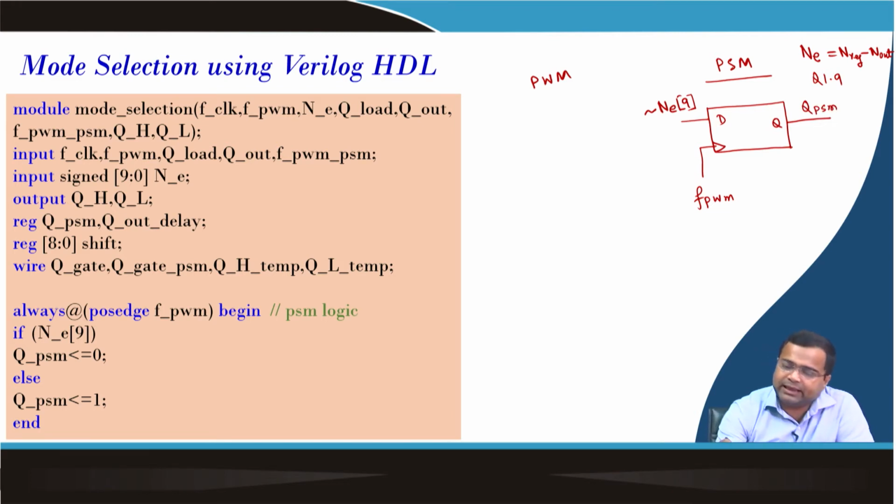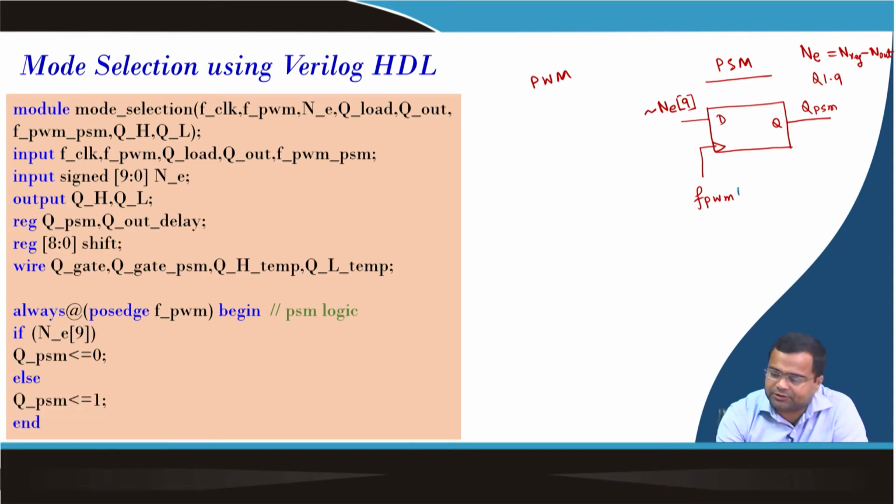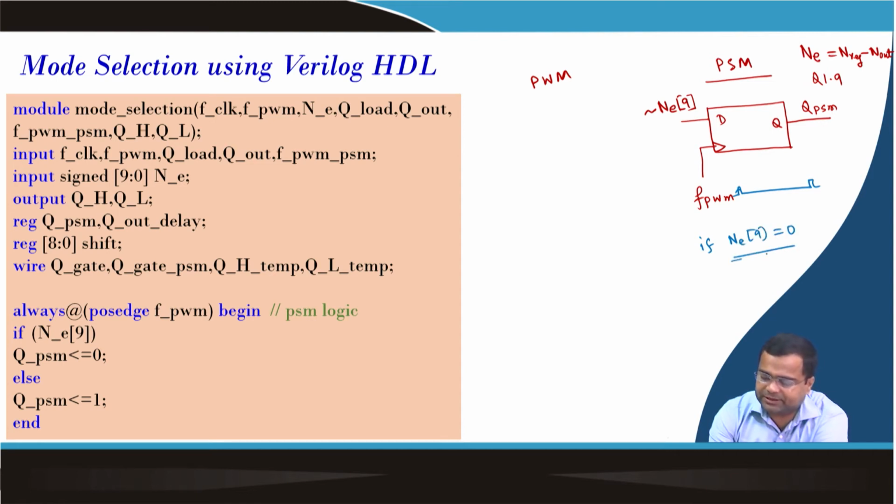What does it mean? At the edge of this clock, if NE9 is equal to 0, what does it mean?